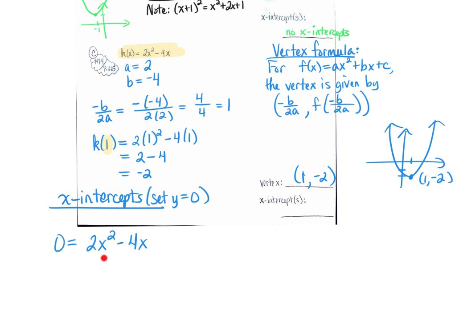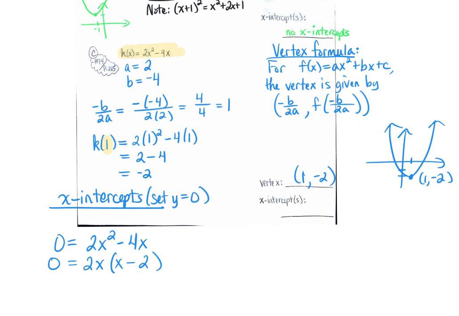These two terms on the right have what in common? A 2x, good. Factor out a 2x. So you have 2x times the quantity, what's left? X minus 2. Good. That product equals 0.